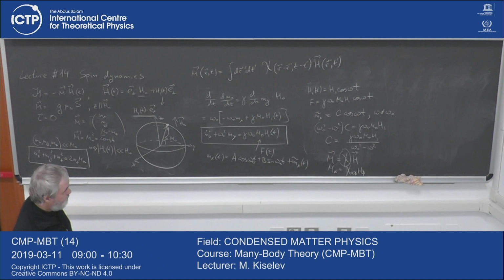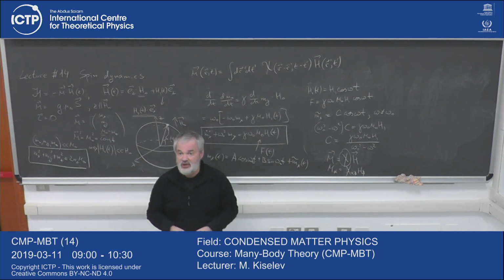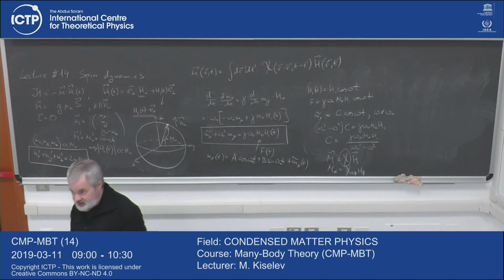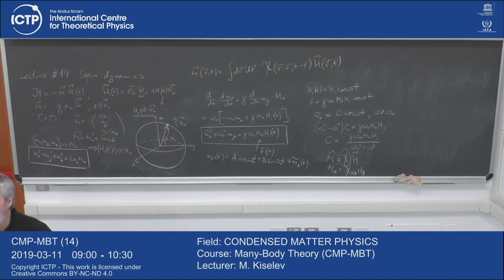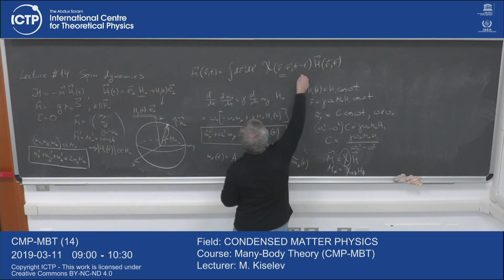So then chi, again assumed to be isotropic, and therefore instead of writing a tensor I'm writing a scalar, all three eigenvalues are the same, is now a function of the coordinate and time.